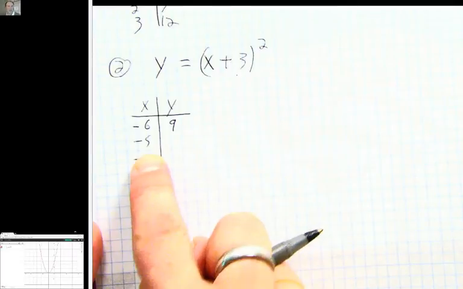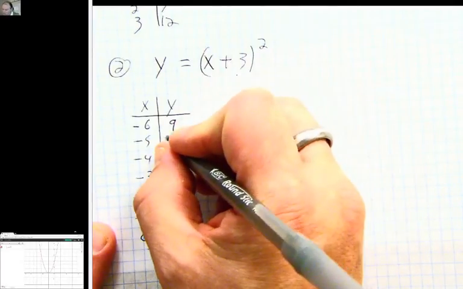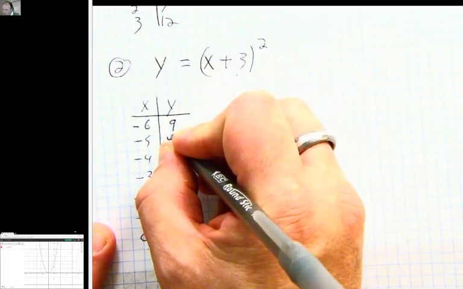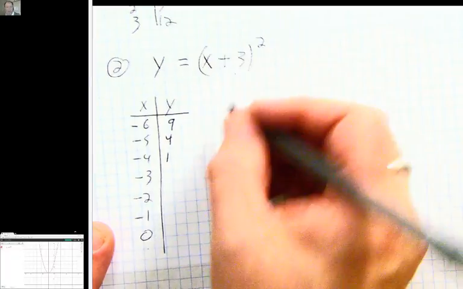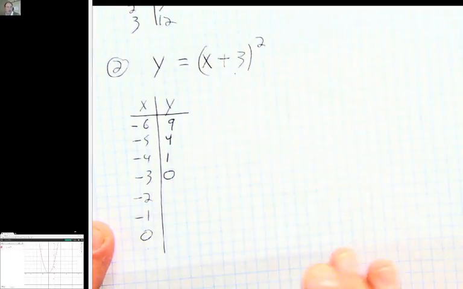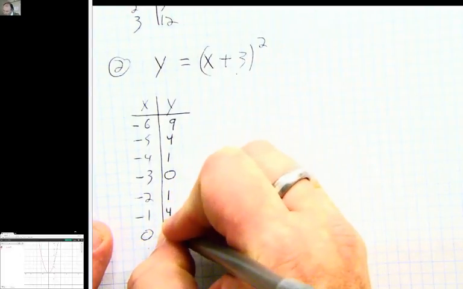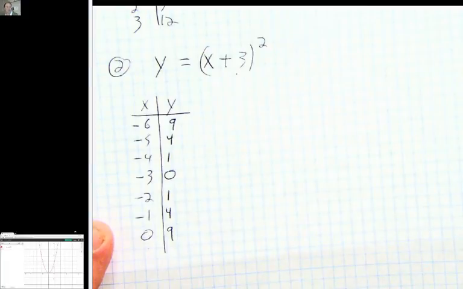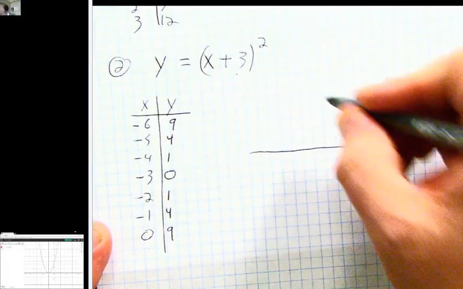If I plug -5 into the equation, -5 plus 3 is -2. -2 squared is 4. If I plug in -4, it's going to pop 1. -3, -3 plus 3 is 0. You square 0, you'll get 0. As you plug in these numbers, you would end up with all these different values. And if you graphed them, let's graph this now.